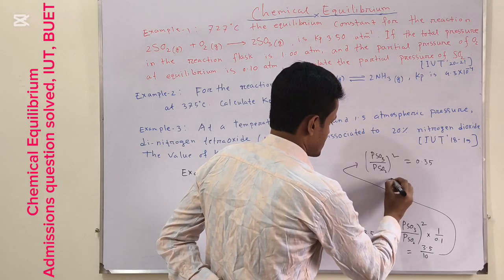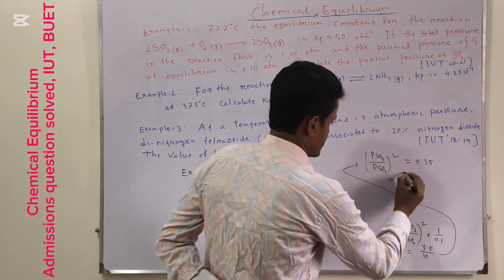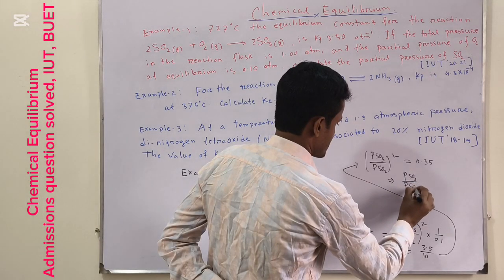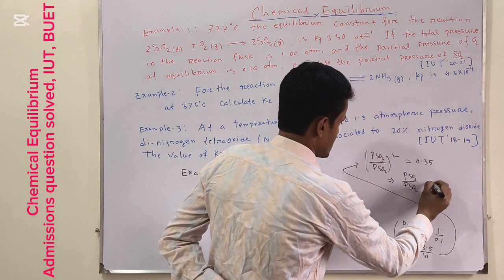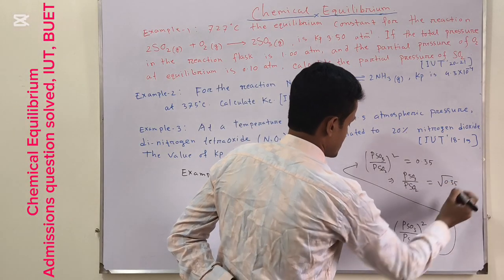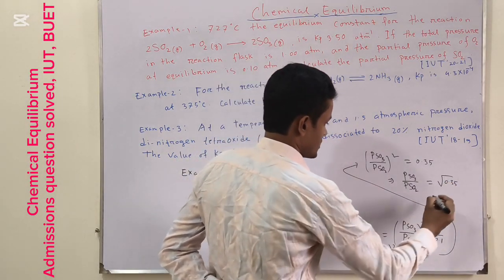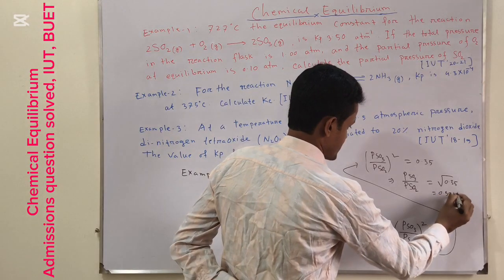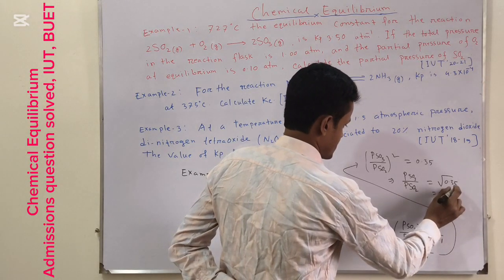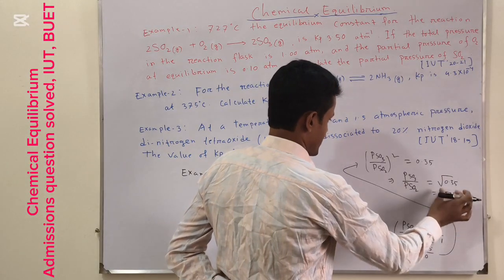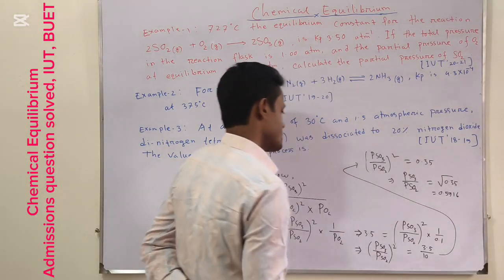We can write the partial pressure of sulfur dioxide equals the root of 0.35, equals 0.5916. Its value is found by the calculator.